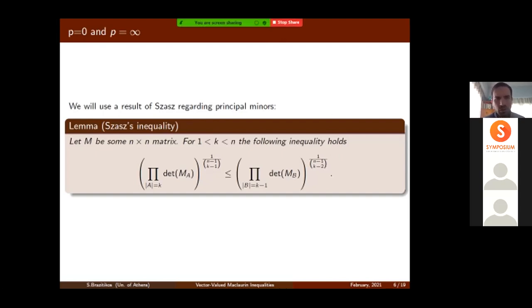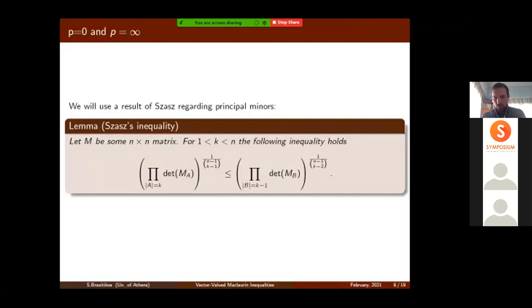The product, and here with M index A, we mean the minor indexing the columns of M by a set A which has cardinality k, and the same thing here. So this inequality really compares such things, but it compares the products.